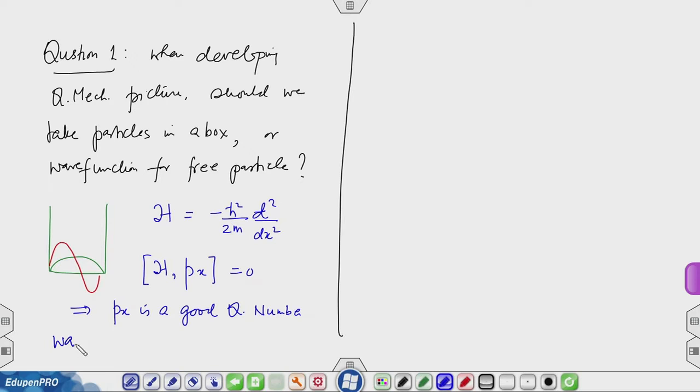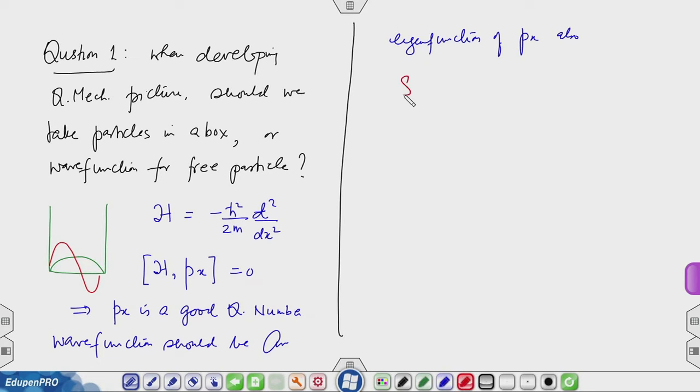So, wave function should be an eigenfunction of px also. That means, they are well defined momentum states. Now, if you look at sine n pi x over Lx, which is a combination of e raised to i n pi x over Lx plus e raised to minus i n pi x over Lx over 2i, it is not a momentum eigenstate.